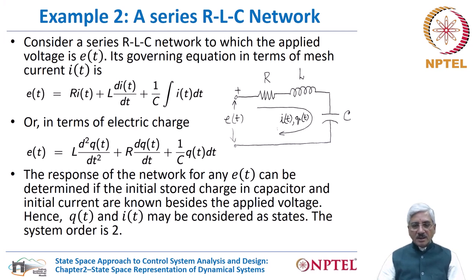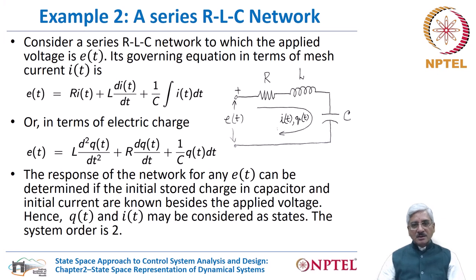So in the case of this series RLC network, the two quantities we should know to be able to solve, given e(t), for time t greater than t0 are the charge stored in the capacitor at initial time and the current flowing in the circuit at initial time.